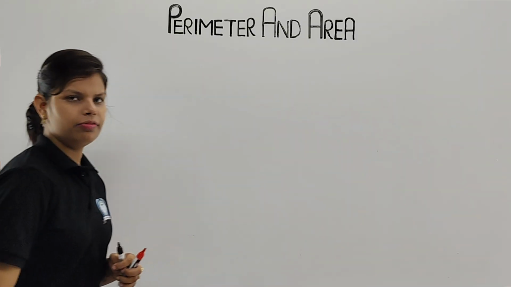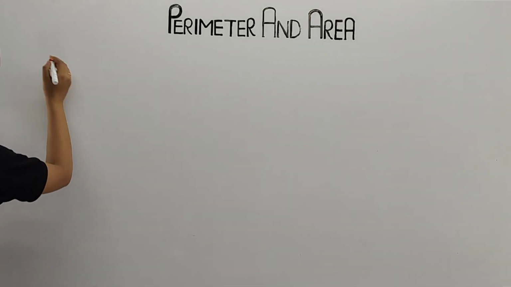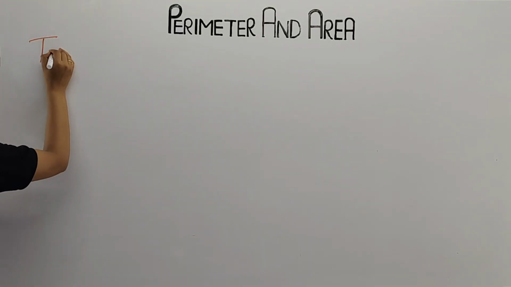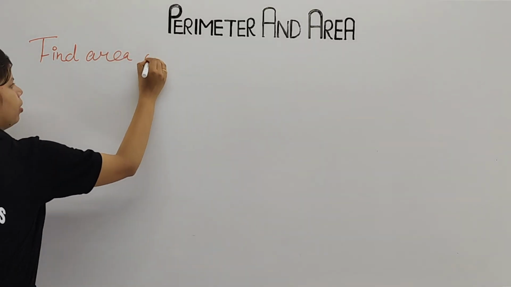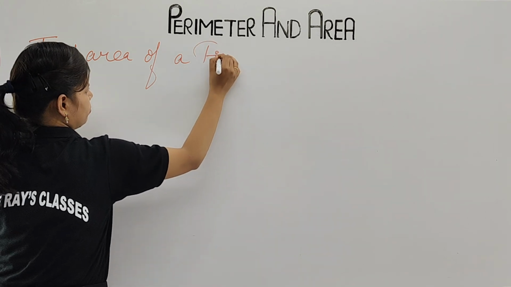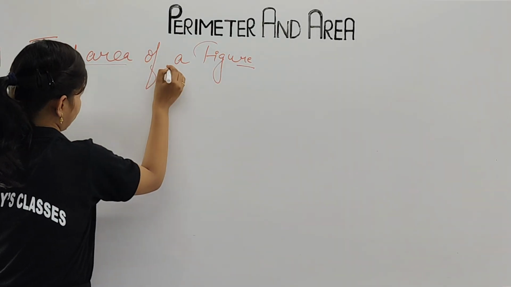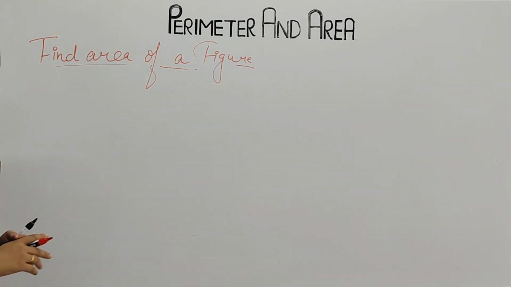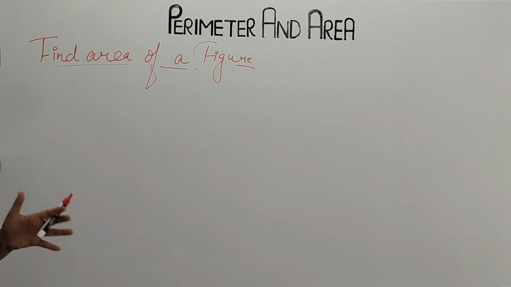Clear? The next pattern we are going to discuss is finding the area of a figure. If this is your question. Clear? Another pattern of this question, and this is the last one from this: your question is given in any other shape.